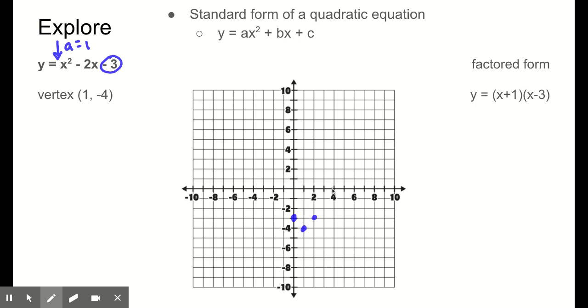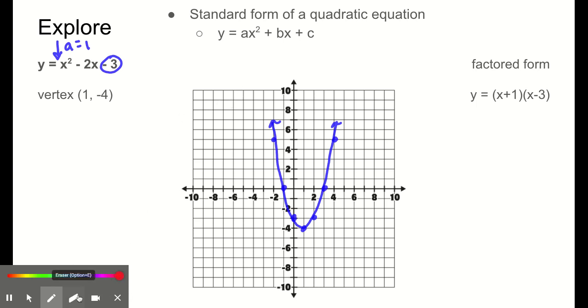Up 4 over 2, and up 9 over 3. So this is the graph for y equals x squared minus 2x minus 3.